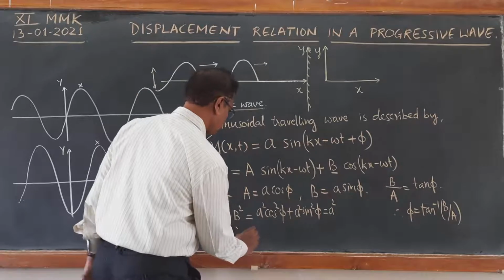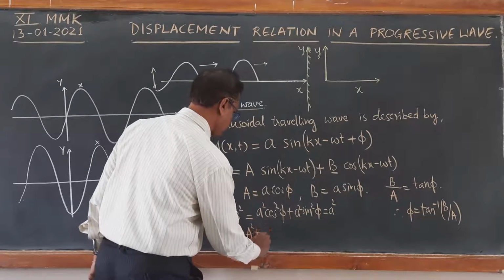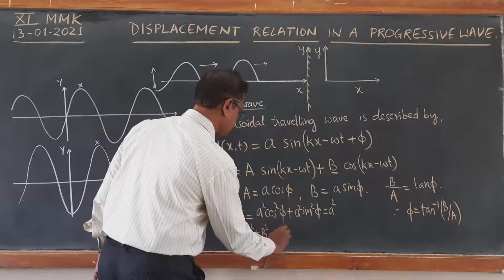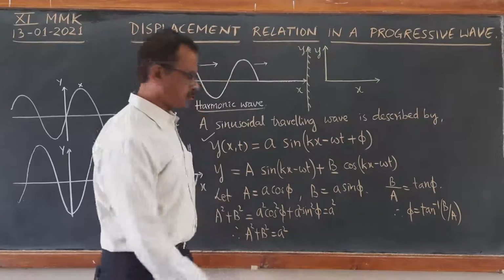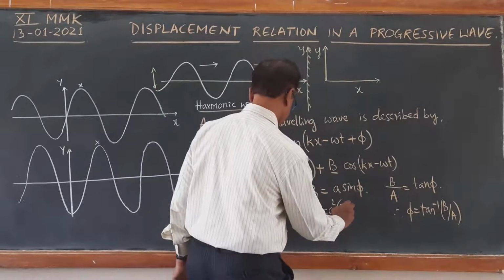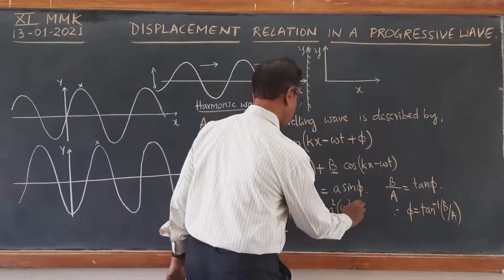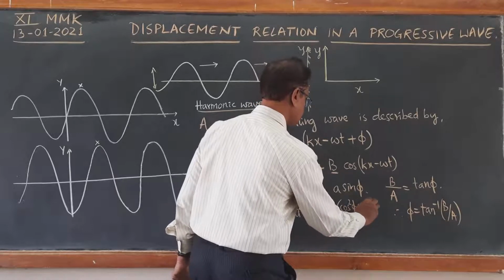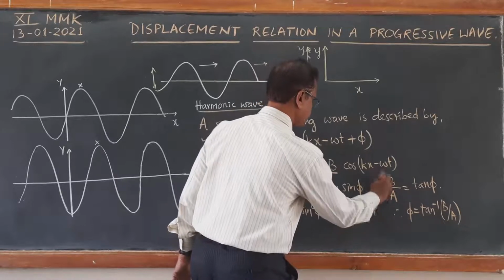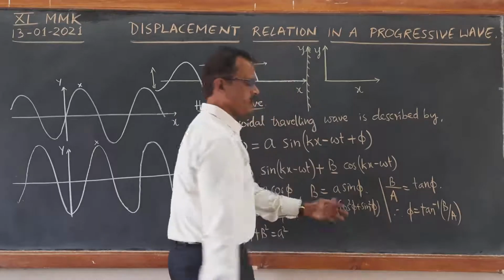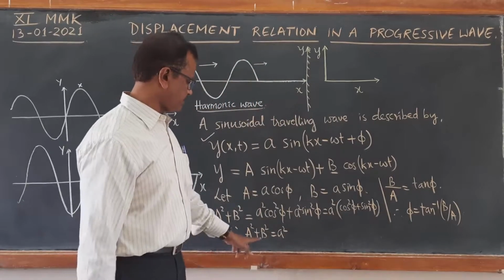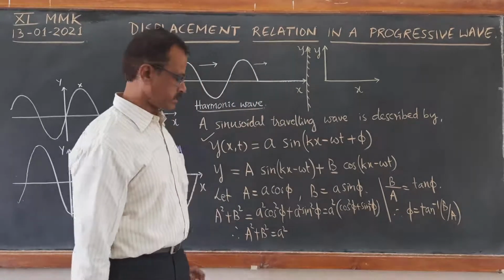Therefore, a square plus b square is equal to small a square.